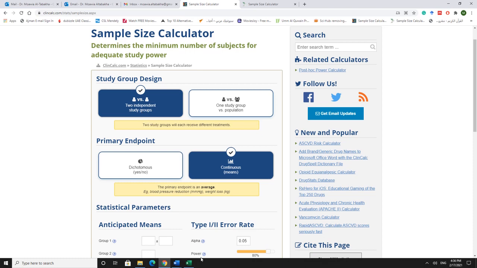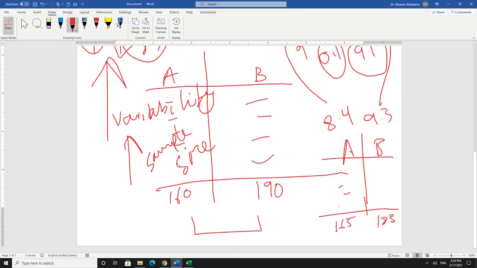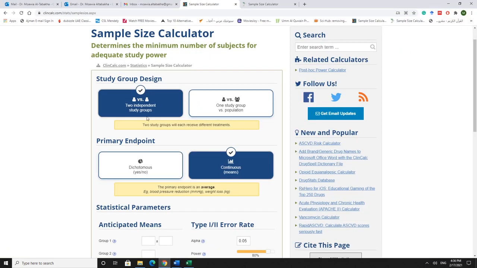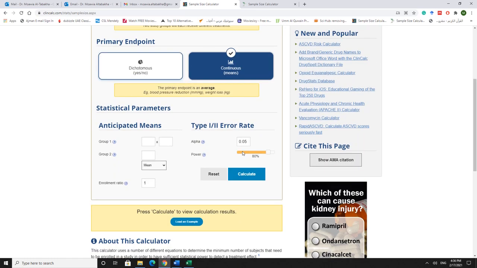Now, in my case here, I was comparing drug A with drug B for the effect on cholesterol level. So I'm having two groups. The cholesterol is continuous. Now look here, anticipated means.